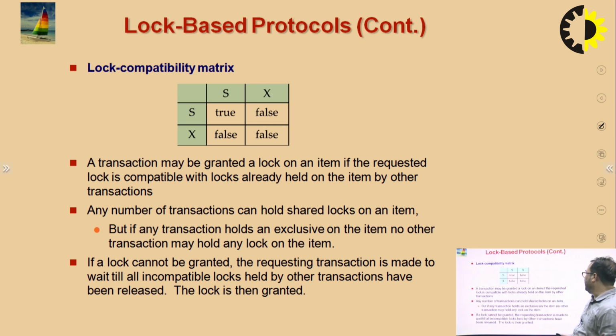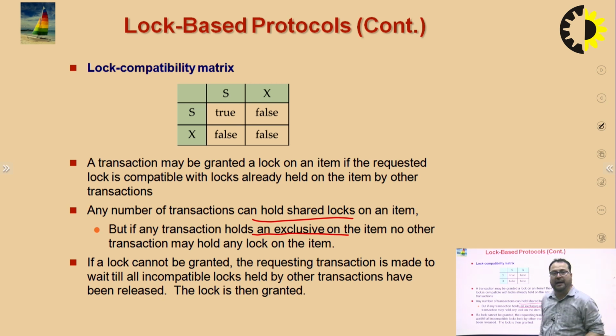Any number of transactions can hold a shared lock, n number of transactions on an item. But if a transaction holds an exclusive lock on that item, then no other transaction may hold any lock on that item. If there is an exclusive lock, we cannot even lock it shared or exclusive.